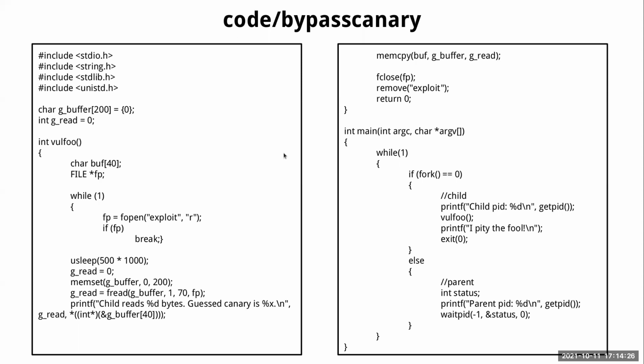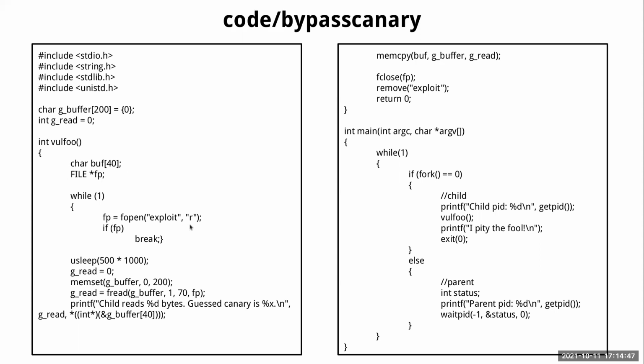Then let's take a look at this valfoo function. First of all, it has a local variable, a buffer. After that, we have a file pointer. Then it also has a big while loop. In that loop, it tries to open a local file called exploit.